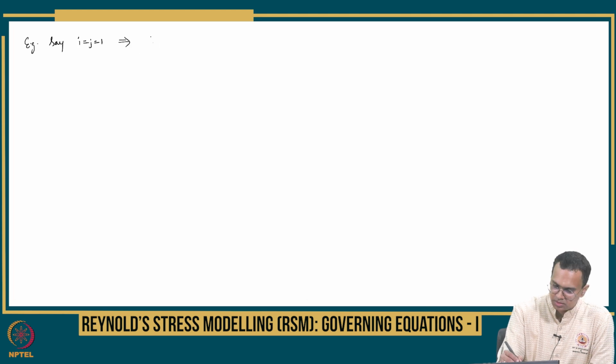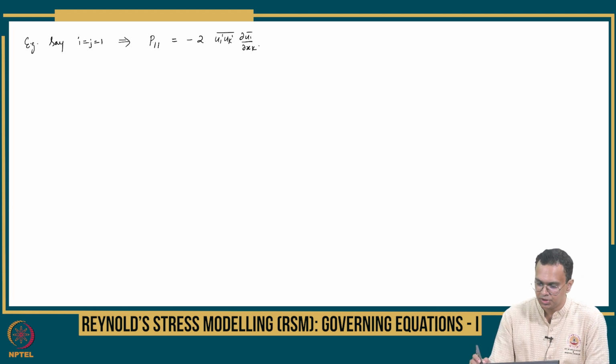u, that means I am looking into the P11 term here, Pij with i equal to j equal to 1. The P11 term is essentially minus 2 of u1 prime uk prime and then dou u1 bar by dou xk, i equal to j equal to 1.